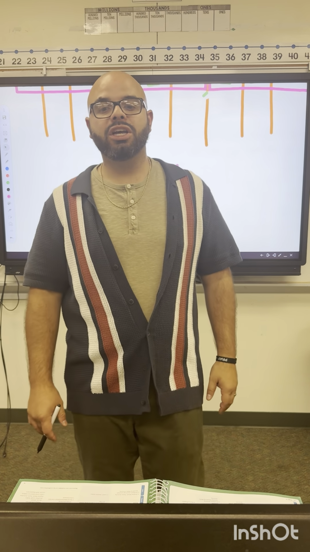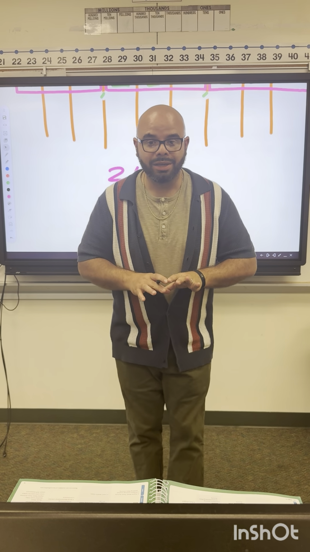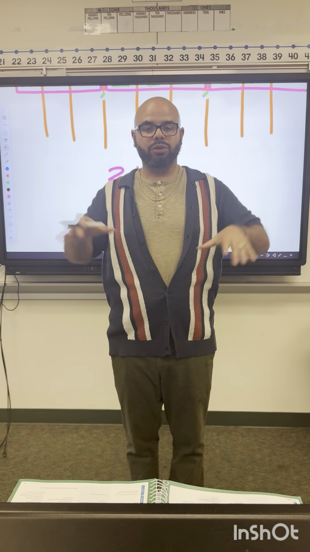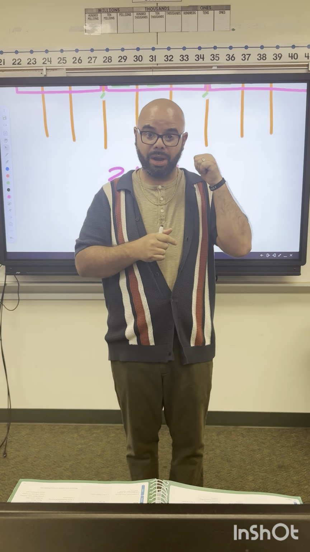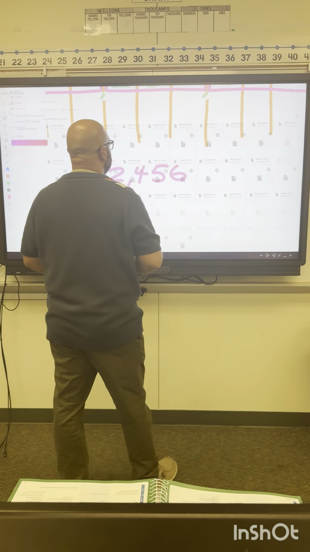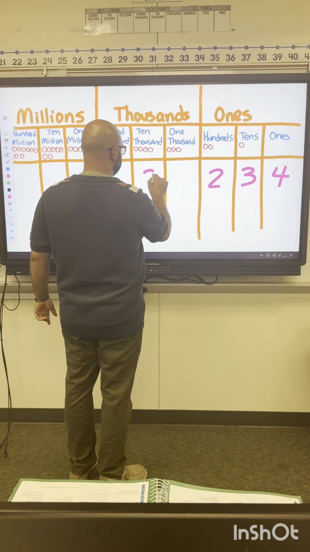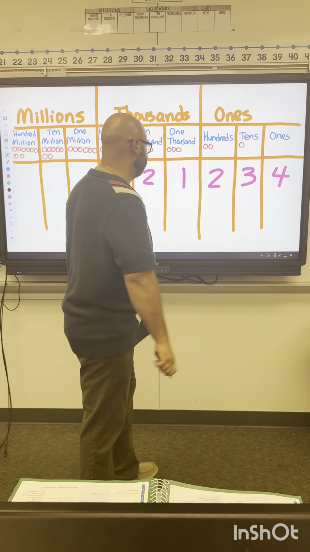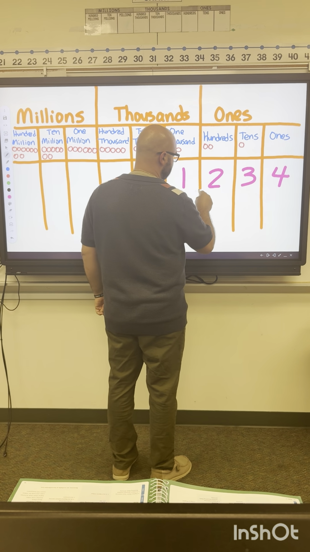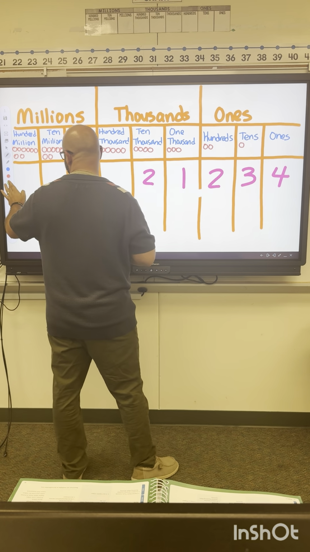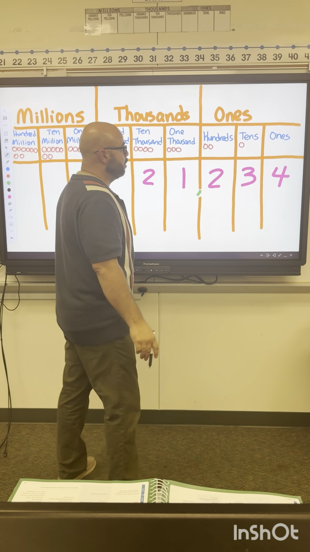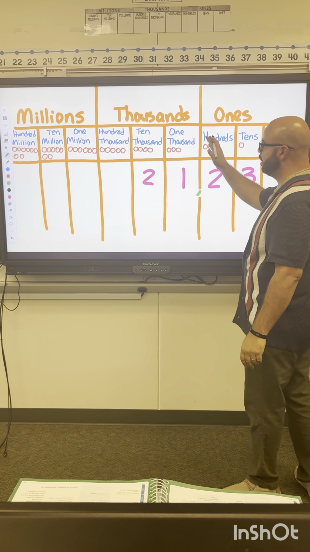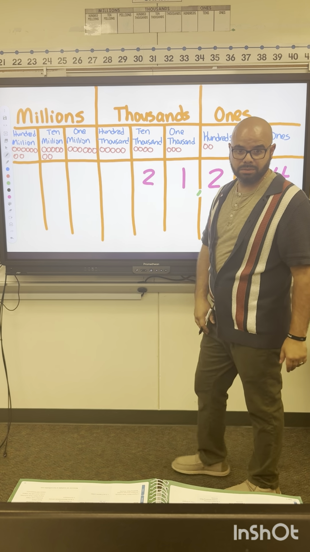Now, expanded form. Expanded form is writing the number, and you're expanding the number, but writing it by its value. That's where the zeros in my place value come in. So, let's say I have 21,234. Another thing that they need to remember is that after every 3 place values, there's a comma separating the families, okay?